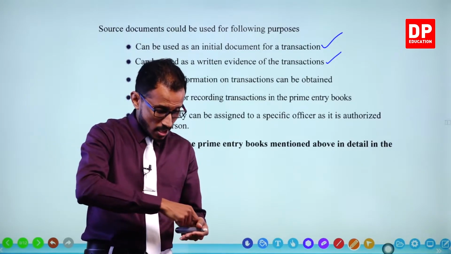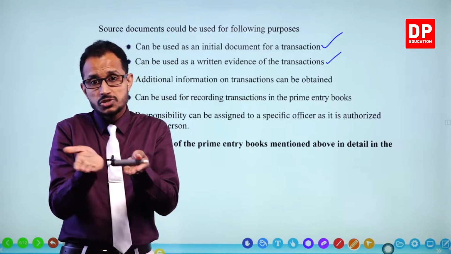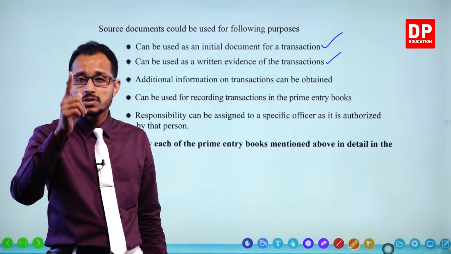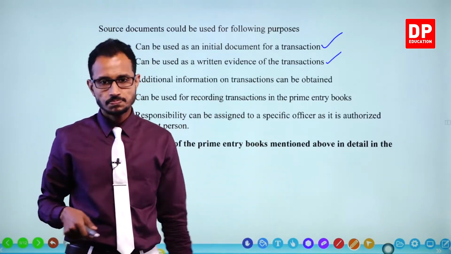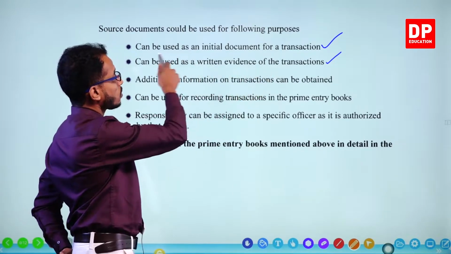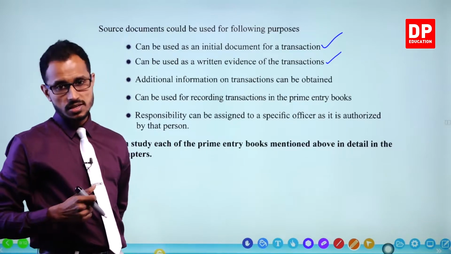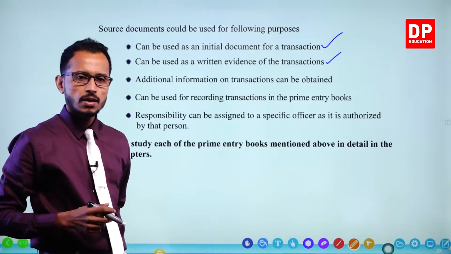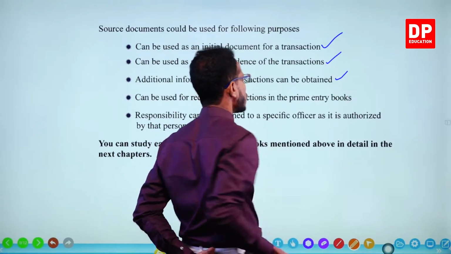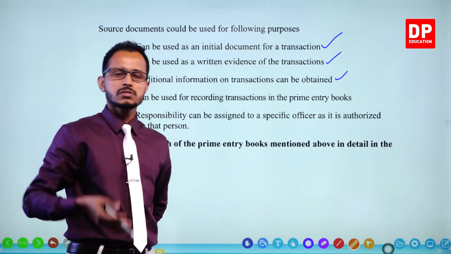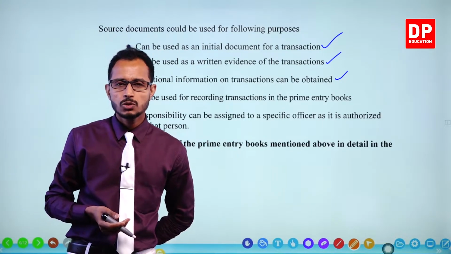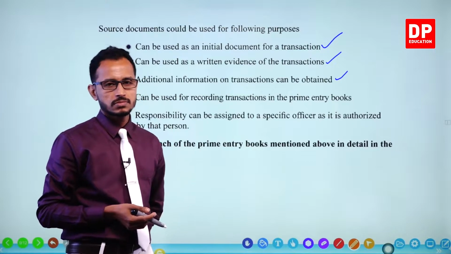So the bill should be produced with the goods to prove that you bought the goods from that shop. The bill or the source document is a proof or evidence of the transaction. Without the bill, you can't even exchange a dress that you bought from a clothing shop.